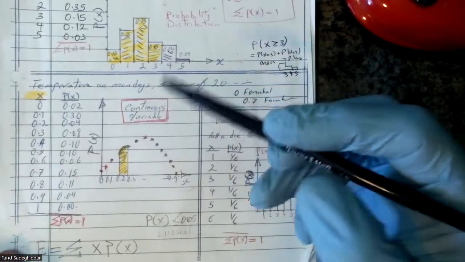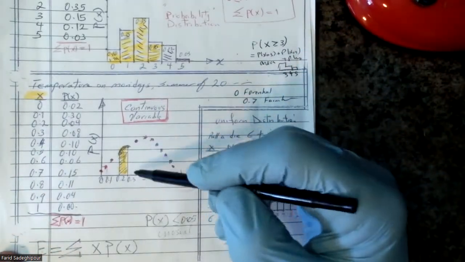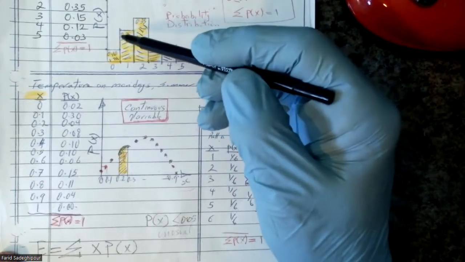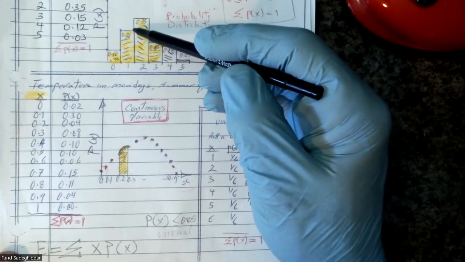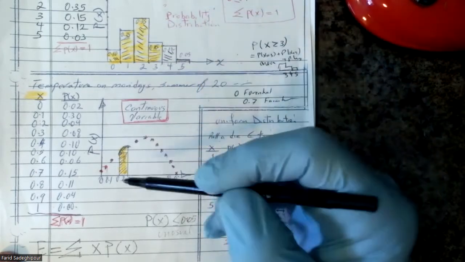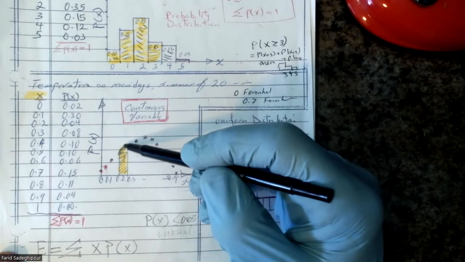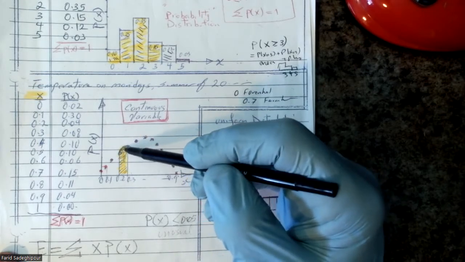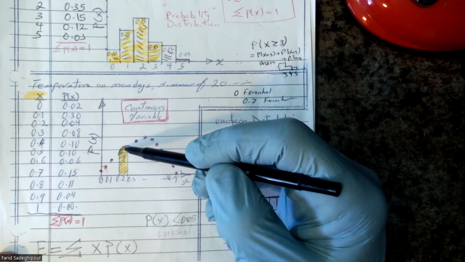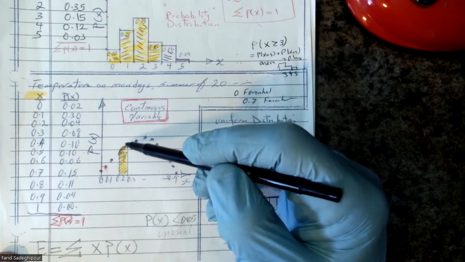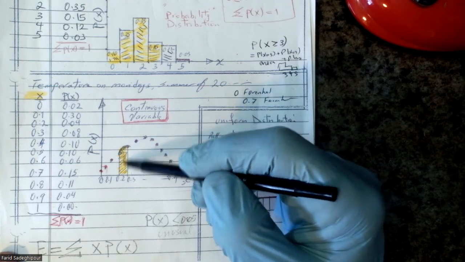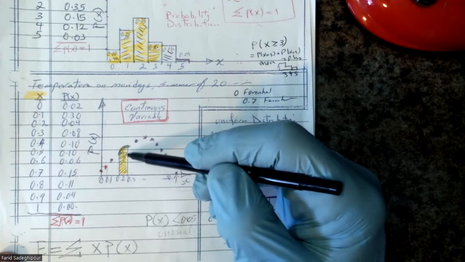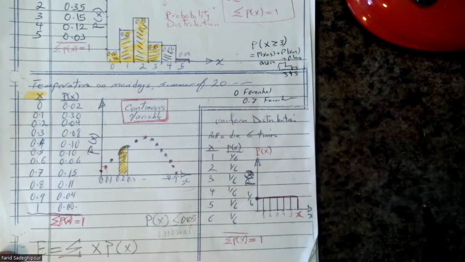It's just that in this case, calculating the area is not as easy, because here you just find the area of a rectangle, but here at the top there is a piece of curve. So for that, statisticians introduced some tables that you can use to calculate the area under this piece.